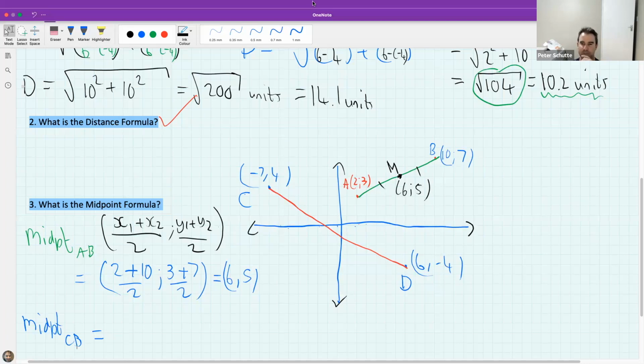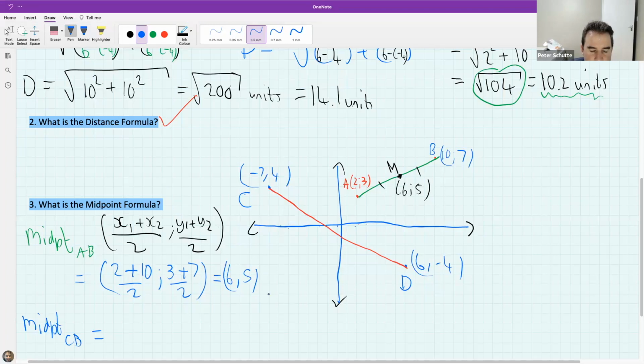My scale could be wrong. What we do here, we can start whatever side we like, as long as we're consistent.